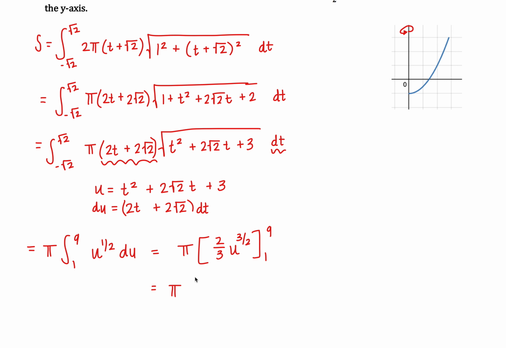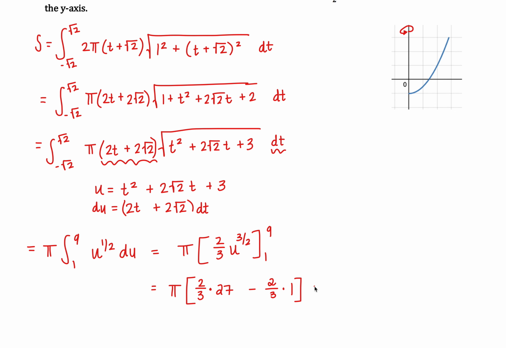Starting with the 9, the square root of 9 is 3. 3 cubed is 27. And now the 1, the square root of 1 is 1. 1 cubed is 1, so I just get 2/3 times 1.